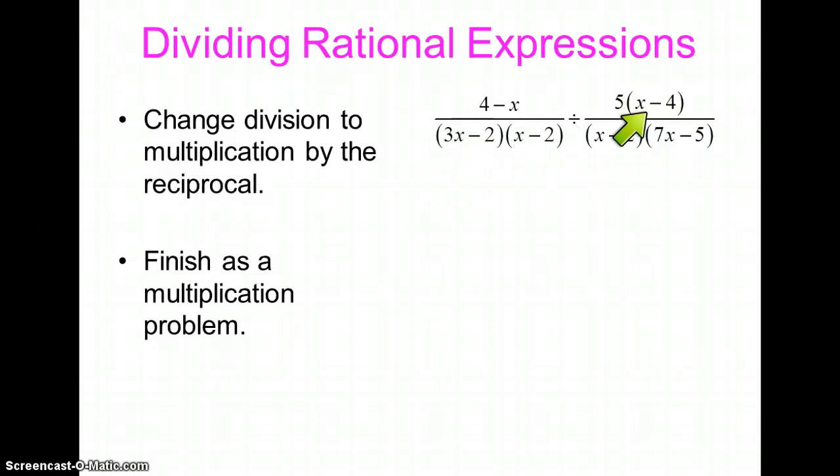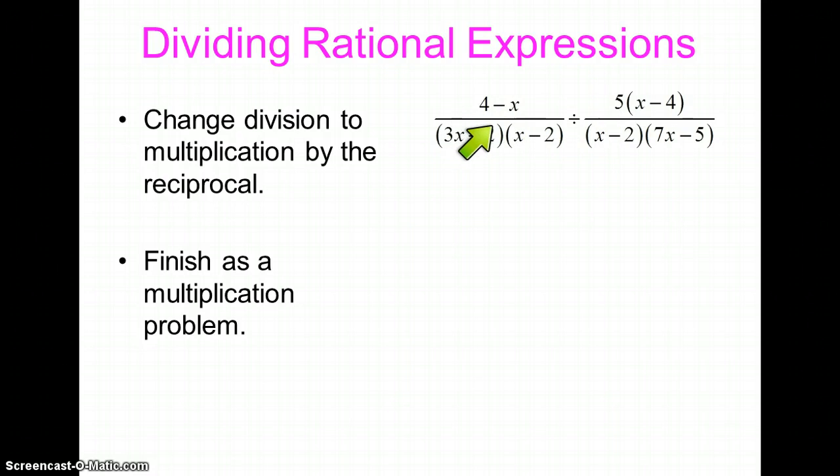Now, this particular problem, I kind of helped us out a little bit. I did most all of the factoring here for you, because I just wanted to show you the dividing part of it, not so much the factoring. The only exception would maybe be this right here. You'll notice all my other binomials have the x first.